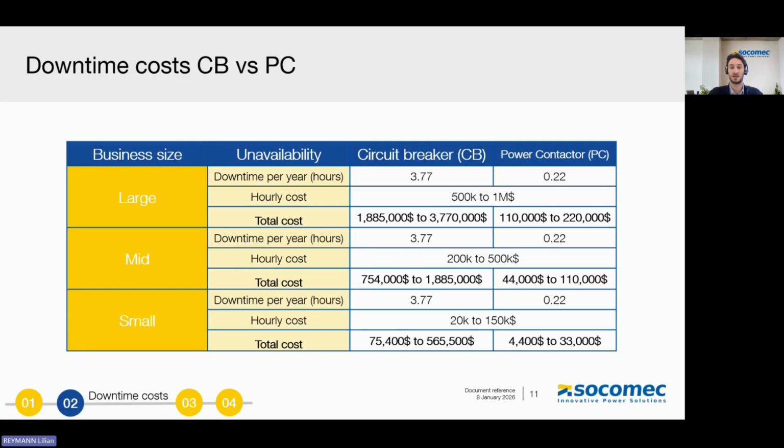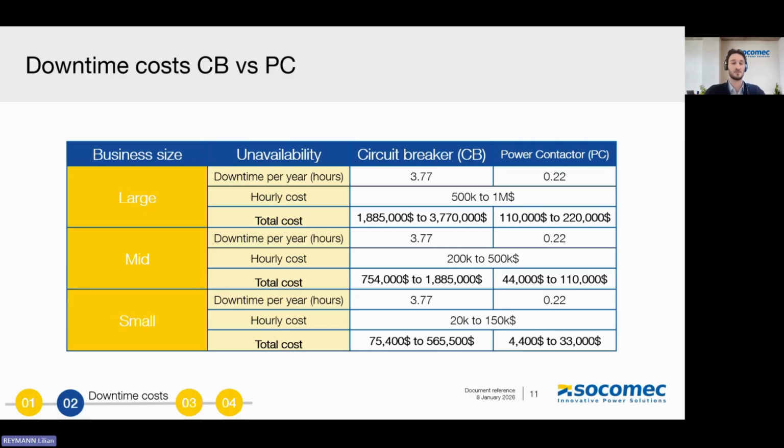based on different studies and documents, we estimated that an hourly cost of power unavailability will be between $500K and $1 million, which results in approximately $2 to $4 million loss a year for circuit breaker technology, and around $100 to $200K for power contactor switch.